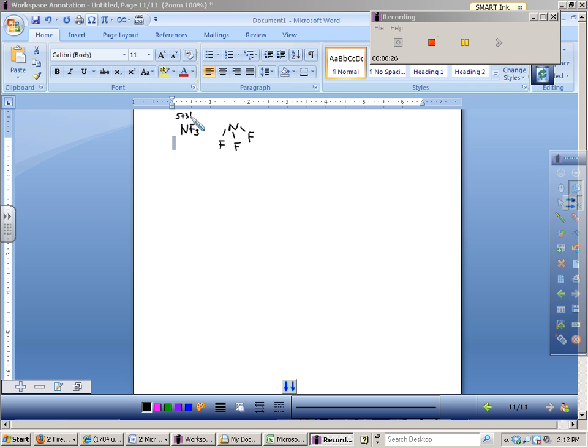We have 3 fluorines, each bringing 7, for 26 electrons. 2, 4, 6, 8, 10, 12, 14, 16, 18, 20, 22, 24, and one up here is 26. That will force it to be trigonal or triangular pyramidal.